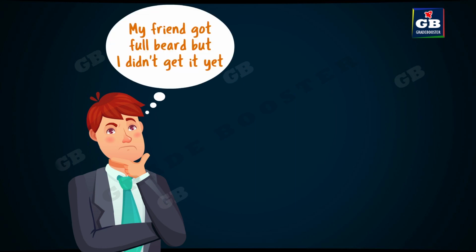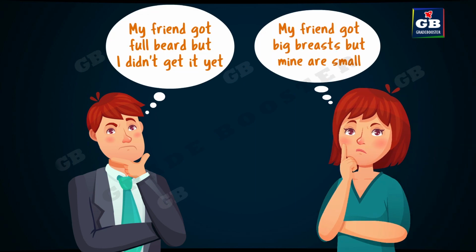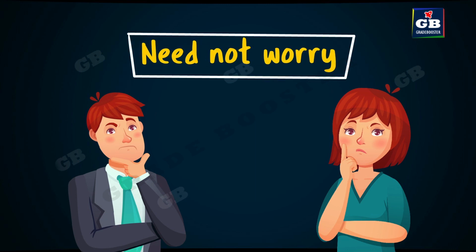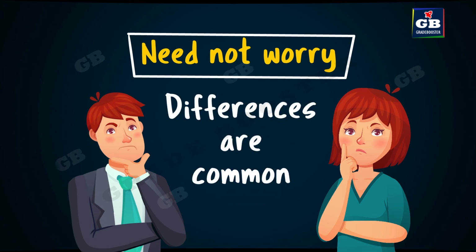But even after attaining sexual maturity, all boys may not develop a thick mustache or beard. All girls may not get a bigger breast. Boys and girls need not worry about their beard, mustache, or breast size. It all depends upon the individual hormone levels and genetics. All the adolescents should realize one thing, that differences are common.